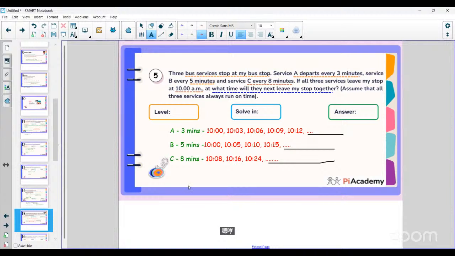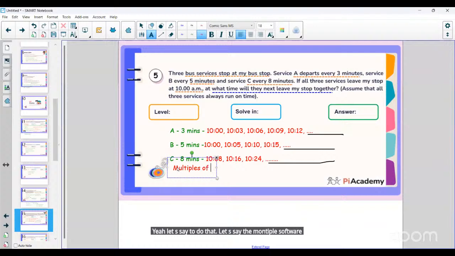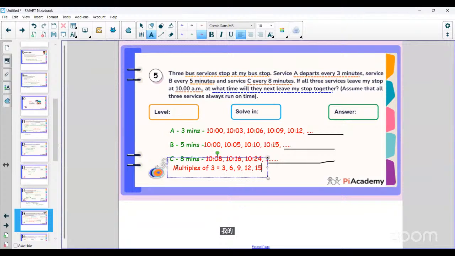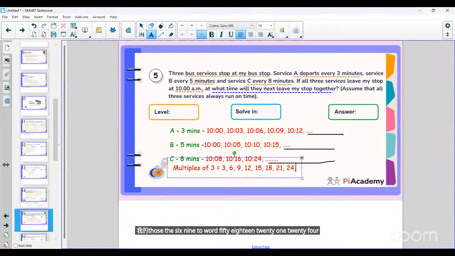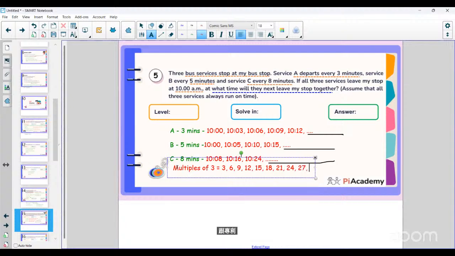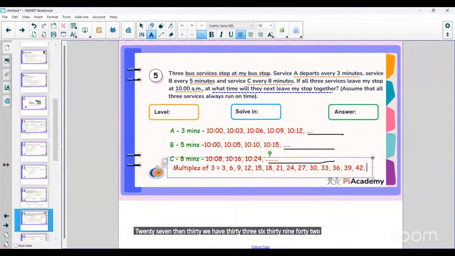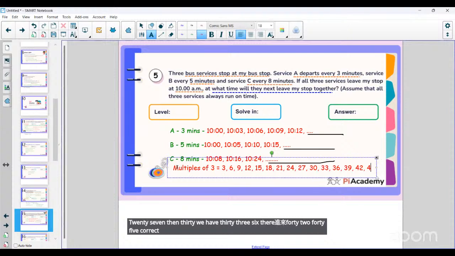Yeah. Let's try to do that. What will be the lowest common multiple? Let's say the multiples of 3 first. What are those? 3, 6, 9, 12, 15, 18, 21, 24. Then 27, then 30. We have 33, 36, 39, 42, 45. Correct? And so on. What about the multiples of 5?